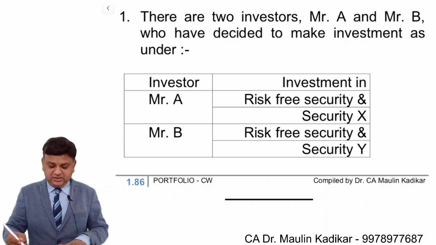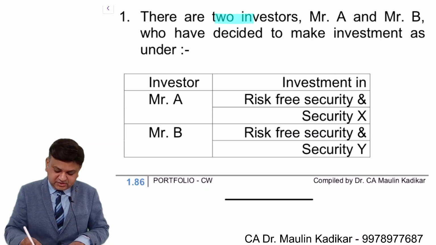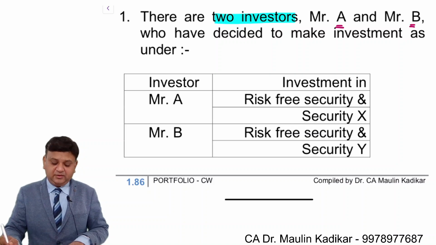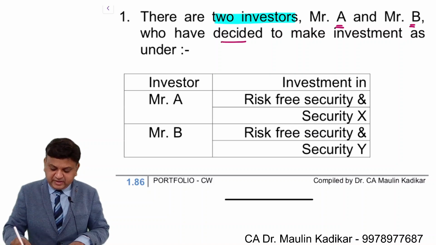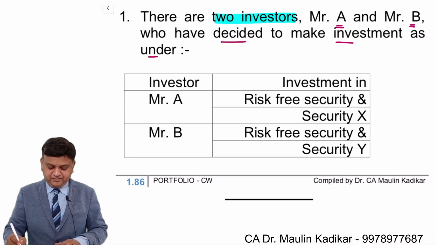The first question is, there are two investors, Mr. A and Mr. B, who have decided to make investment as under.